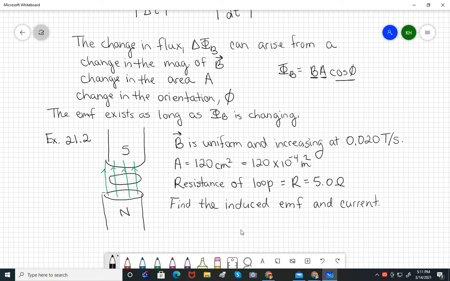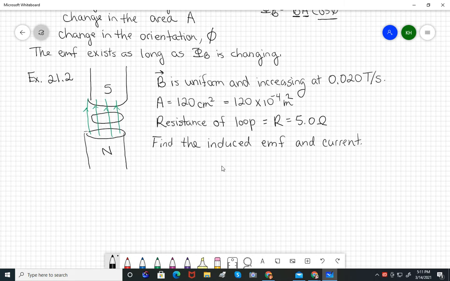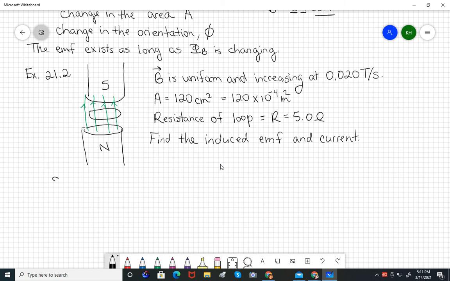So, induced EMF. We know that the induced EMF is the absolute value of the change in flux per unit time, or the absolute value of the change in BA cosine phi over the change in time.